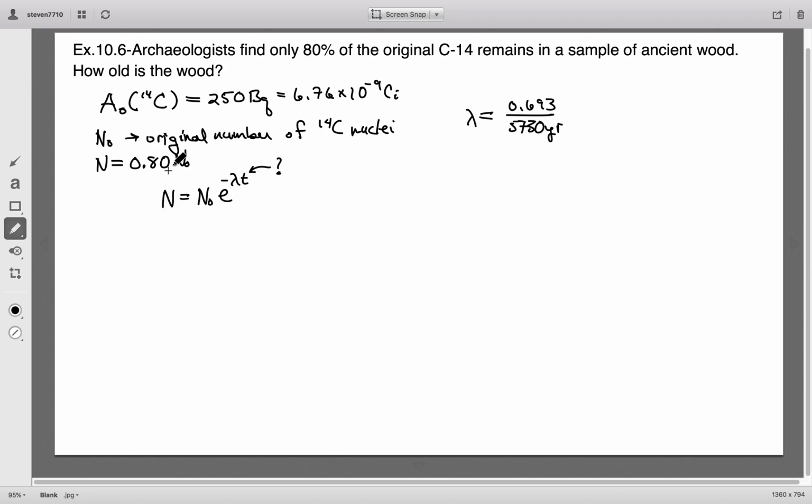So N equals 0.80 N0. This also means N over N0 is just 0.8. And so here, N over N0 is just your exponential.